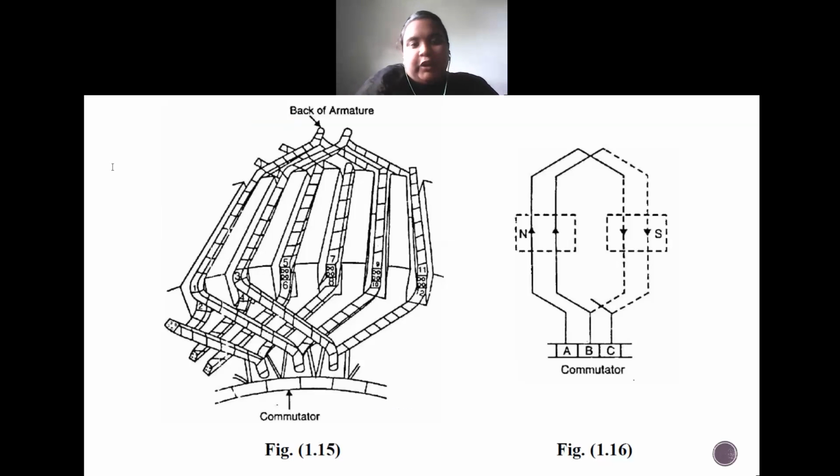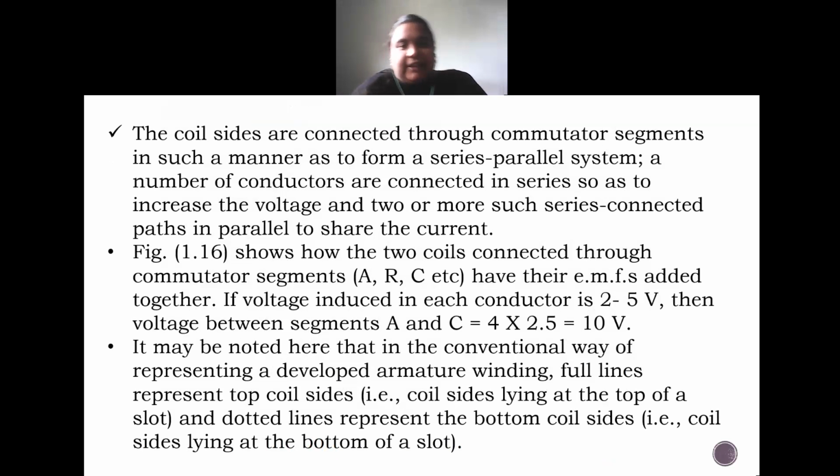So the next point, the fourth point which we are going to see, is that the coil sides are connected through the armature segments in such a manner as to form a series parallel system. A number of conductors are connected in series so as to increase the voltage, and two or more such series connected parts in parallel to share the current. So this we know, right?